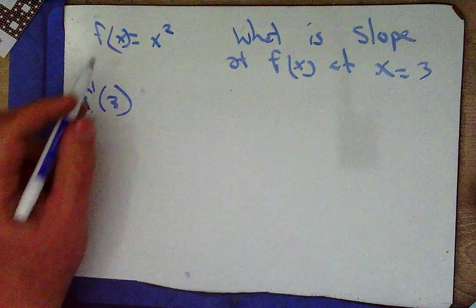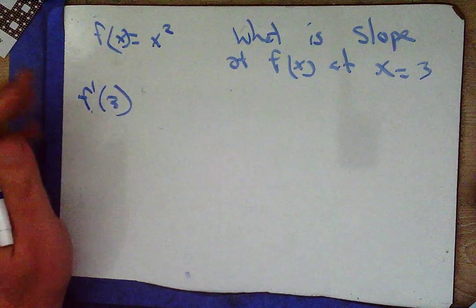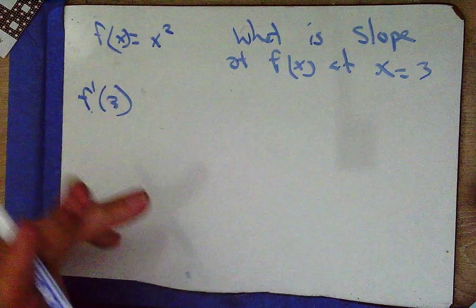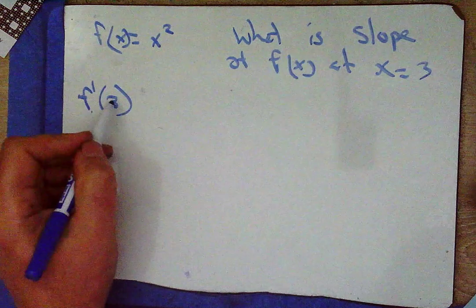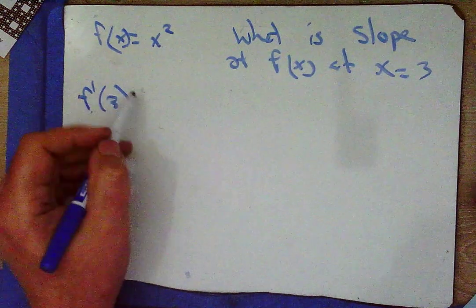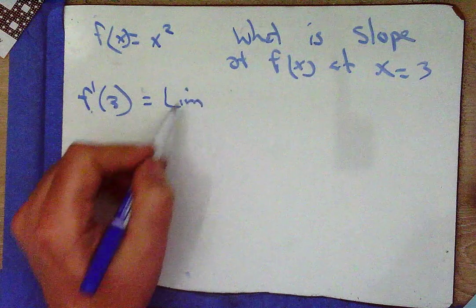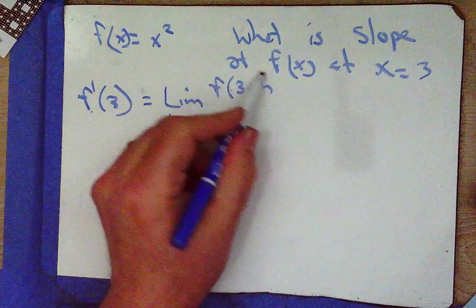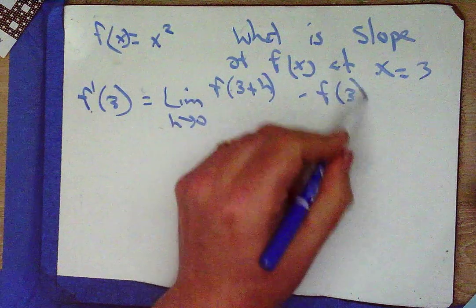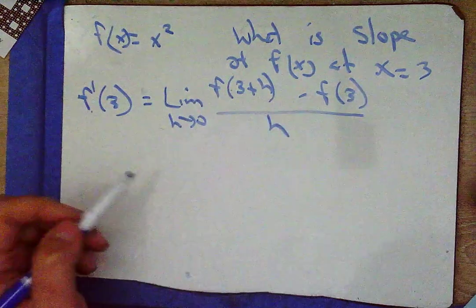What's the slope of f at 3? And we've got 3 different ways to find it, and you need to be comfortable with all 3 of them. So the first one, if I'm going to find f prime of 3 directly, I might say the limit as h heads to 0 of f of 3 plus h minus f of 3 all over h.